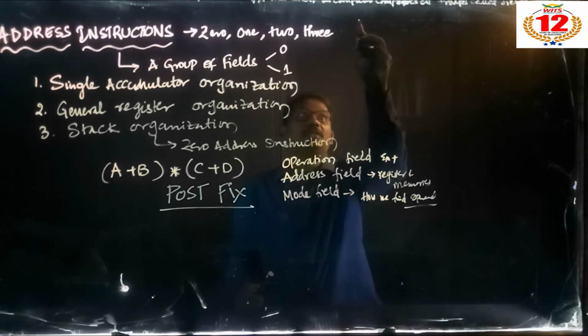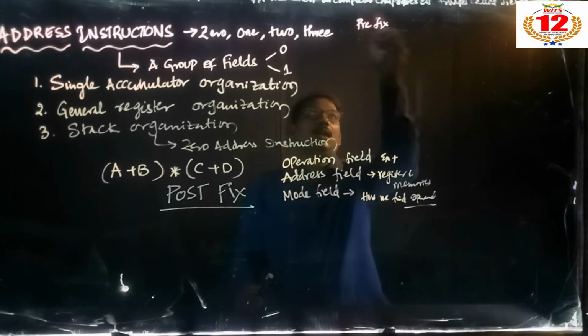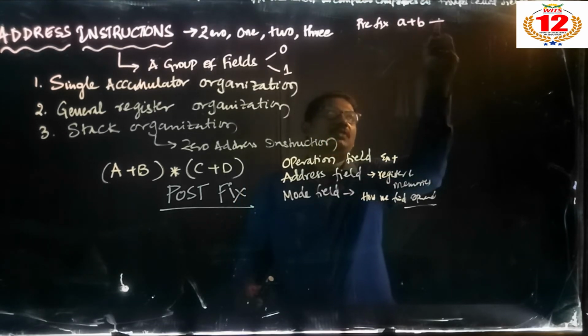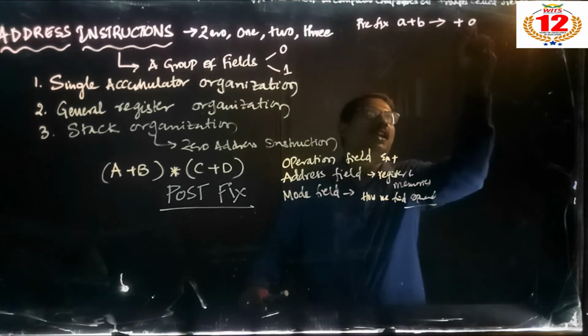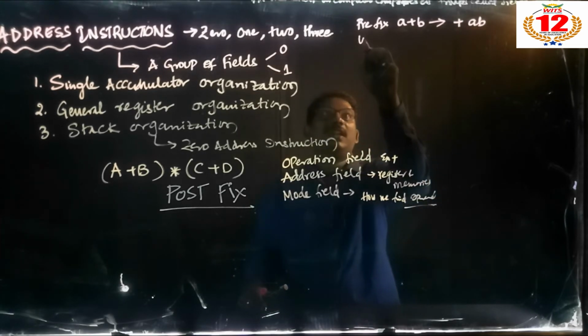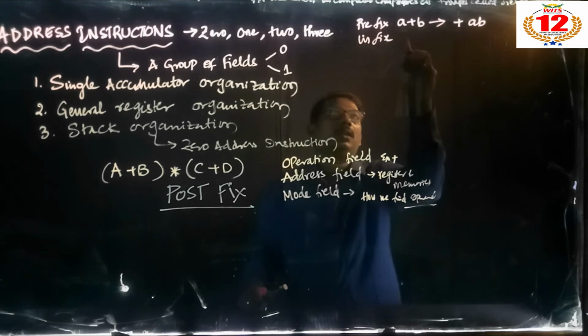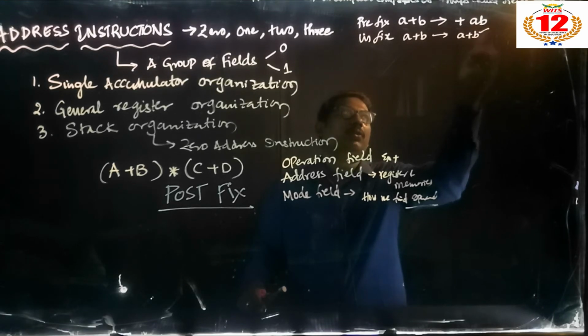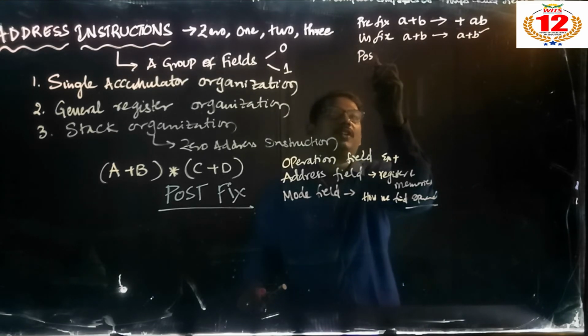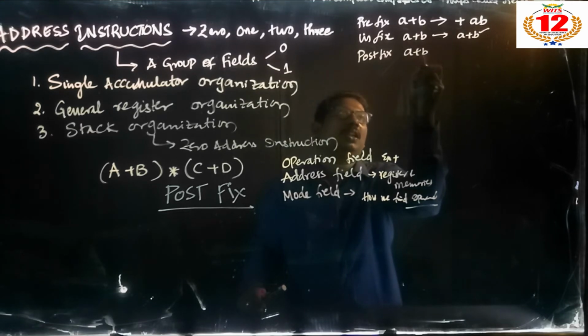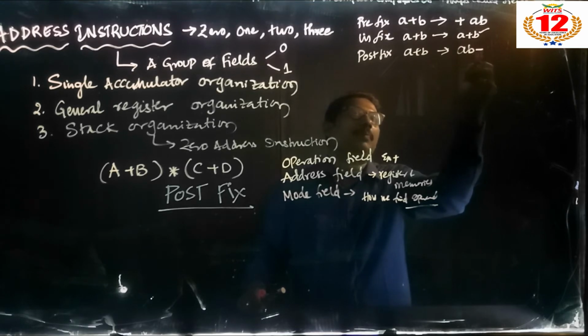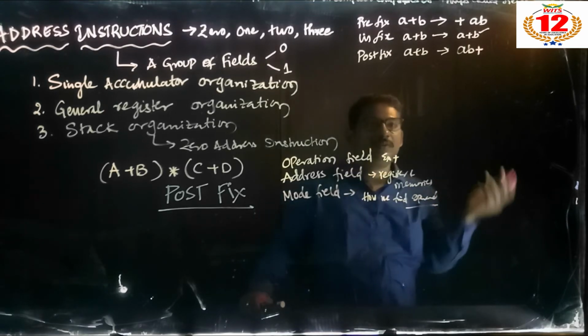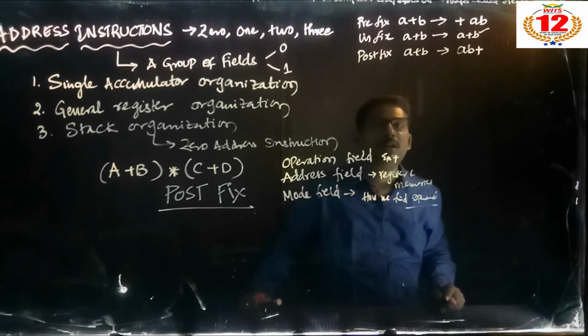One is prefix, that means A plus B in prefix will be denoted as plus AB. Next is infix, that is A plus B, with the operator in between. Then postfix: A plus B will be denoted as AB plus. Pre means first the operator will come, then the operands.